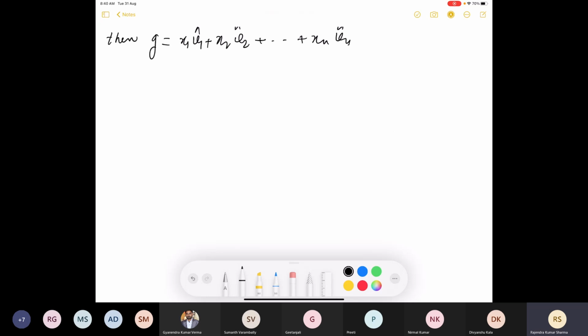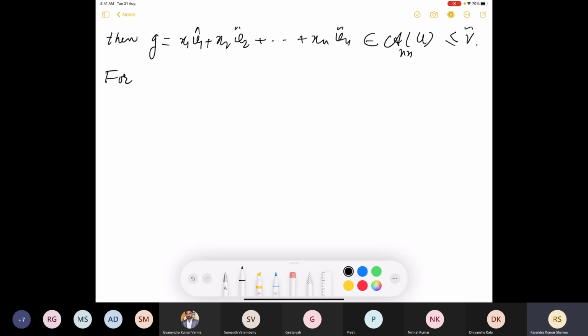Now this belongs to the annihilator of U, which is a subspace of V hat naturally. For this you can see that G of every basis vector is 0, and therefore G of every u in U is 0.